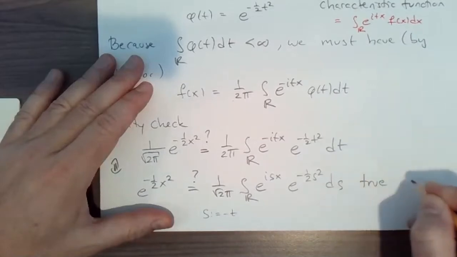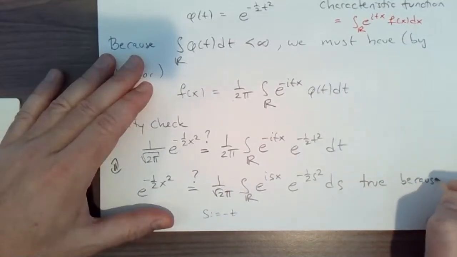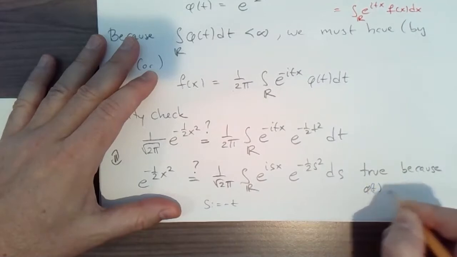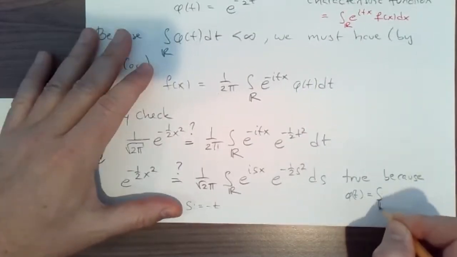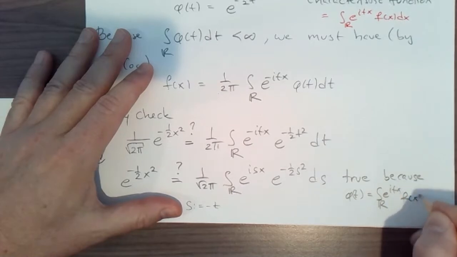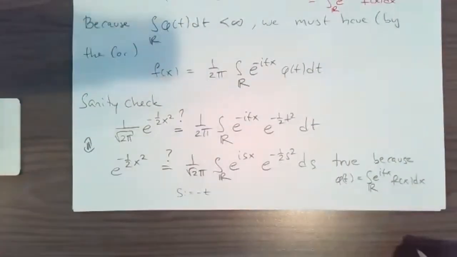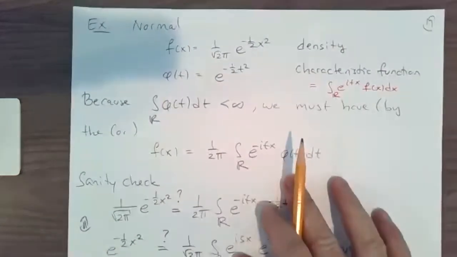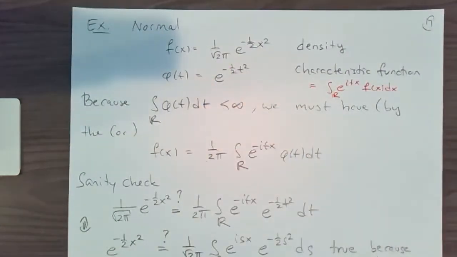It is true because phi of t was equal to that integral e to the itx f of x dx. You simply substitute out t and x, you flip their roles. So what we have been doing for the normal, it really works. It's consistent with this more general result.